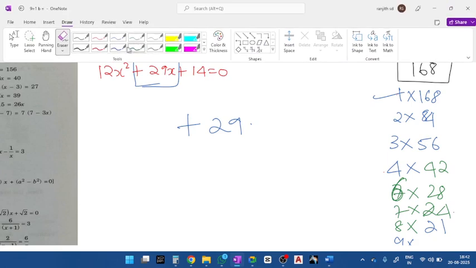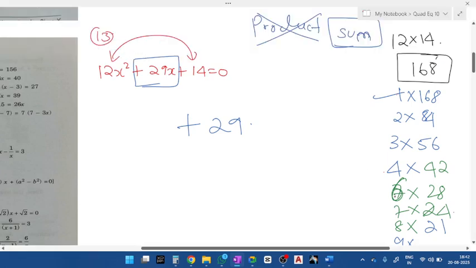No. 6 and 28? Correct. 7. How much is 7 plus 24? 7 plus 24 is 31, right? It doesn't go to 29. We need 29. What about 8 and 21?